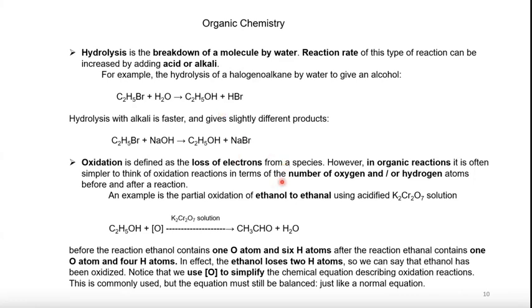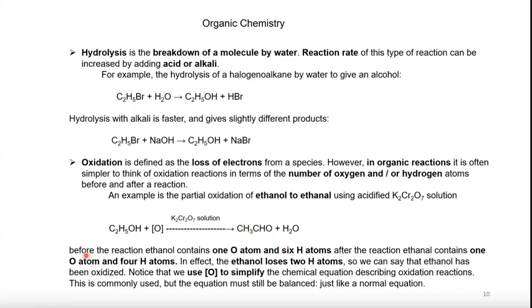So if we have alcohol, generally we show it like this, and oxidation is going on. Then what reagent we are talking about, we show it here. When methyl alcohol is oxidized in the presence of acidified potassium dichromate solution, we get methyl aldehyde and water.